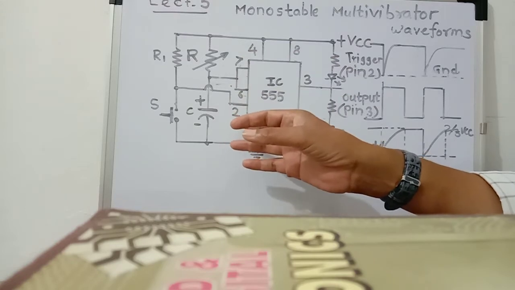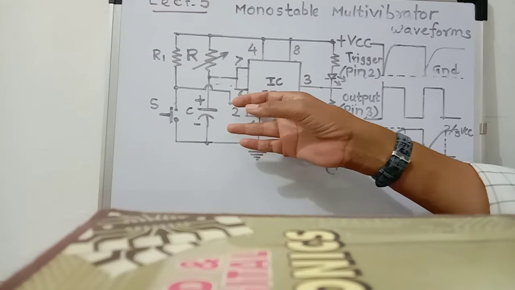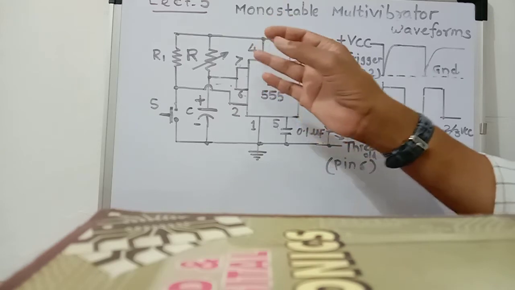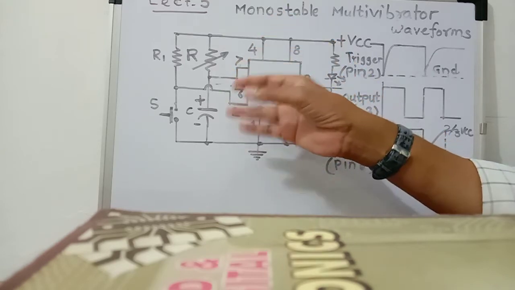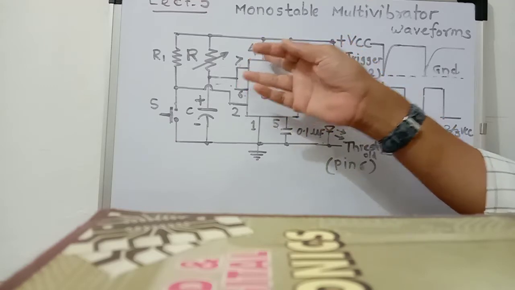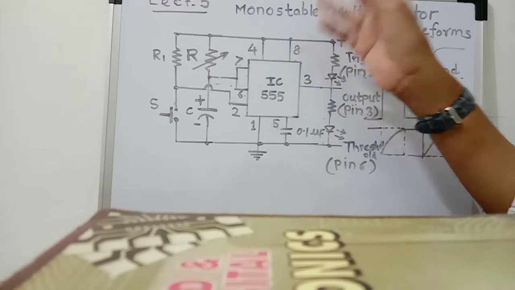Then pin number 6 is the threshold pin, the threshold input of the upper comparator. So pin number 6 and 7 are connected together. Pin number 4 and pin number 8 are also connected together and connected to plus VCC.